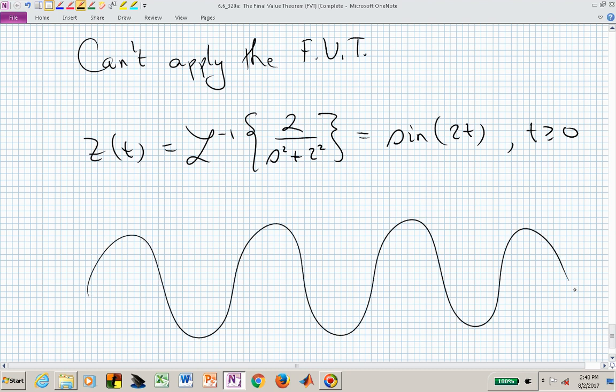Does it ever reach a limiting value? No, it just oscillates. So we're never going to go to a limiting value as t goes to infinity, which is why we can't apply the final value theorem. This is oscillating. It's corresponding to a sinusoid that will not settle down and reach a final value.